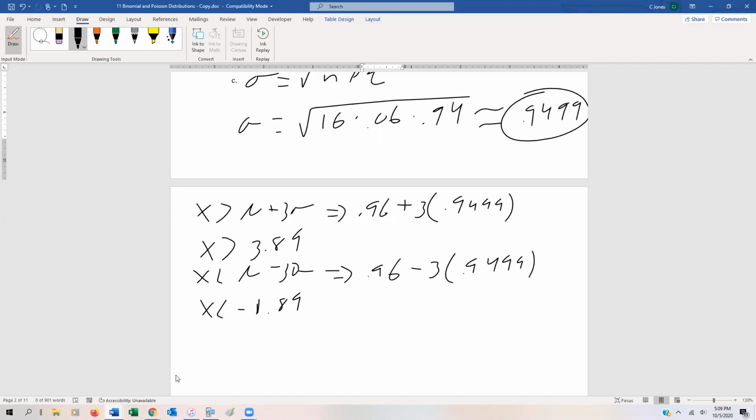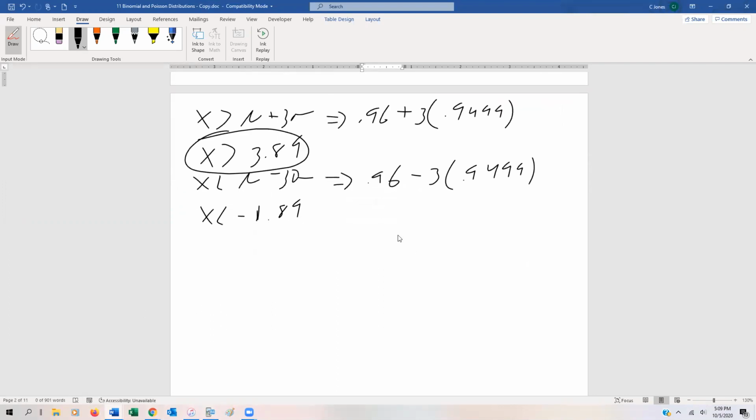All right, and that one doesn't make any sense, but this one certainly does. I think we used the phrase nonsensical before. We'll just say nonsense.